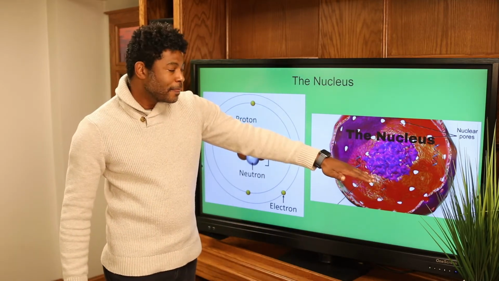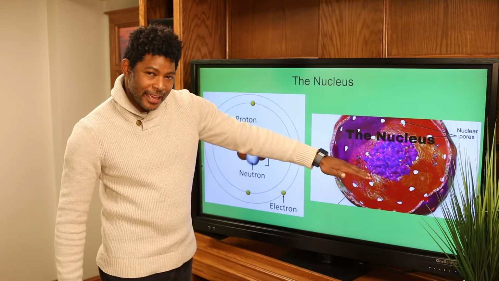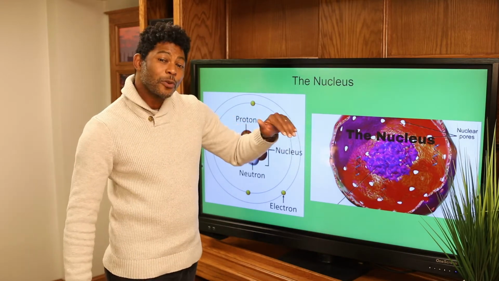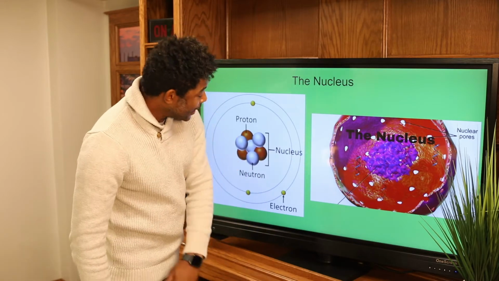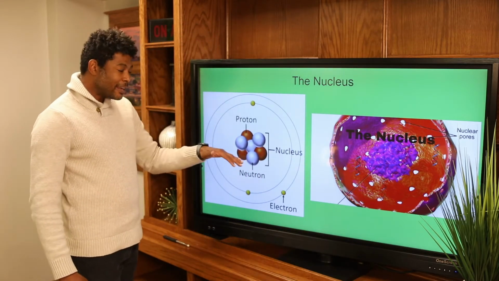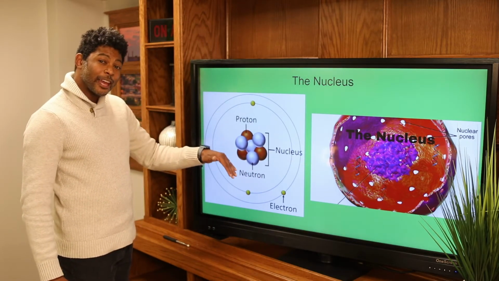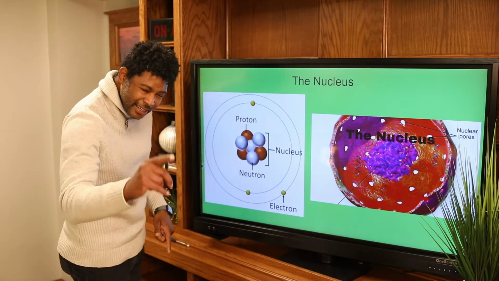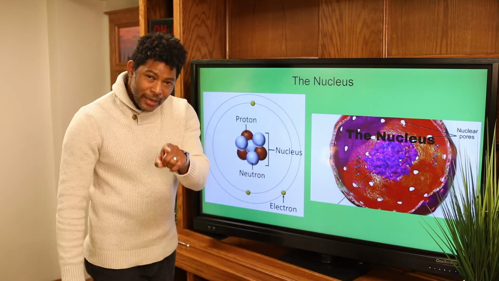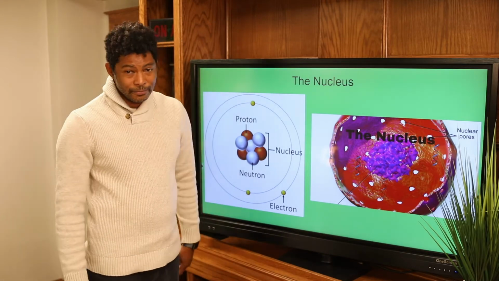because inside a cell, the nucleus houses your DNA. Your DNA says who you are, what you do. Inside the nucleus of an atom, you have your protons and your neutrons. The protons tell an atom who it is and what it can do. Okay?